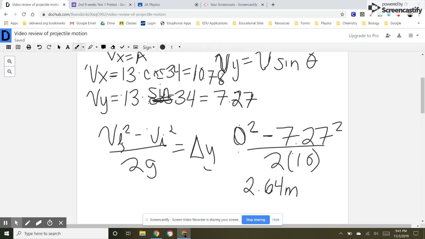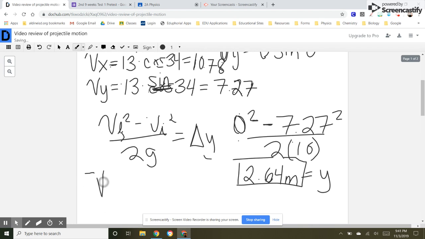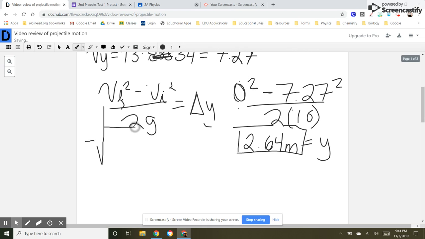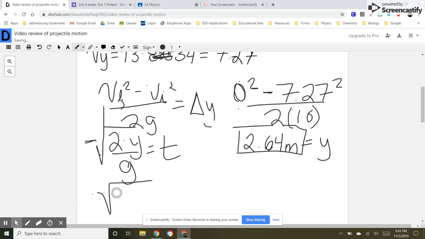So if that's our max height, that means I can use that to solve for my time. So our free fall time formula: square root of 2 times y over g equals time. So 2 times the y, just 6, not 2.